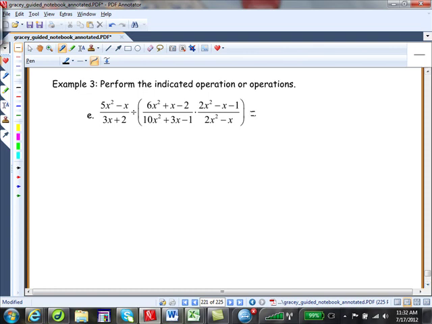So this is 5x squared minus x over 3x plus 2 divided by. So factoring, we will have the 6x squared plus x minus 2. Let's go ahead and come down here.